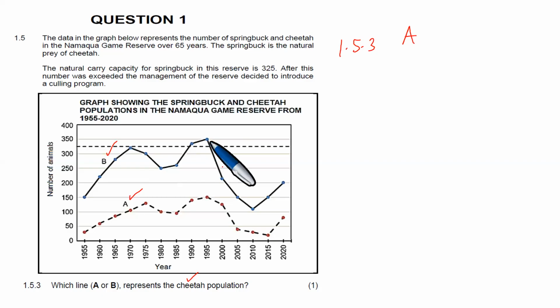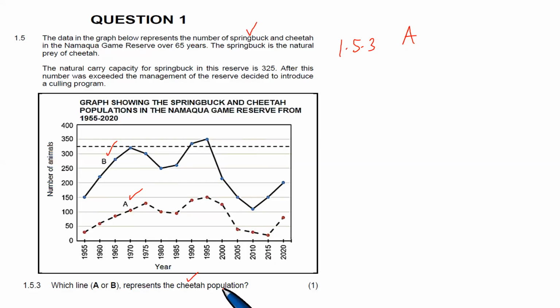So you can see a sharp decrease here, which is symbolic, because it means very likely a lot of the springboks were being eaten by the predator, the cheetah.